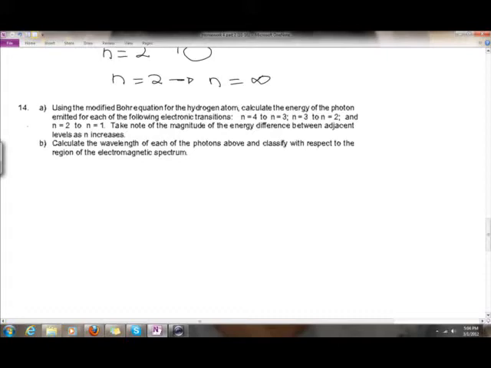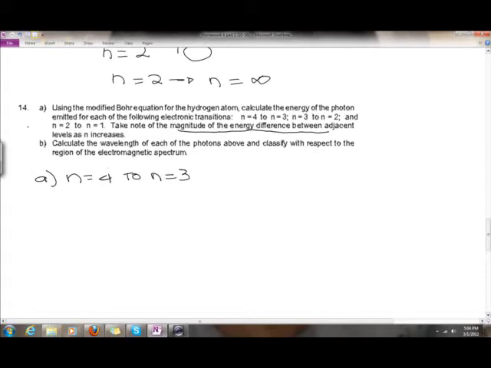So when you get here, let's do two of them, so that we can take note of the magnitude of the energy difference between adjacent levels as N increases. That means N equal to 4 to N equal to 3. Those are adjacent levels, and let's study them to be able to compare them.